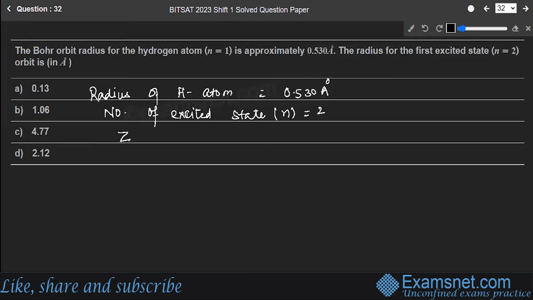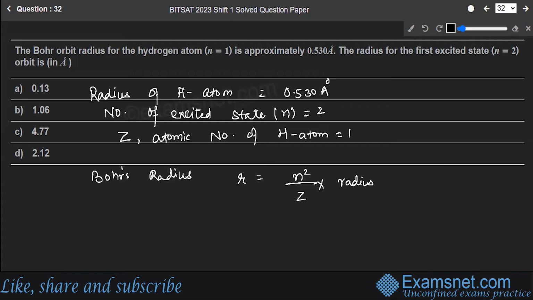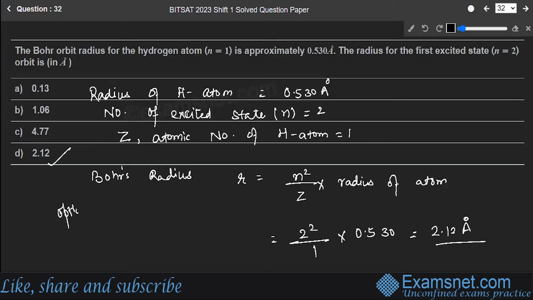What is the atomic number of hydrogen atom? It's 1. So we know Bohr's radius is given by R is equal to n squared upon Z into radius of atom. So this is 2 squared upon 1 into 0.530, which will give you 2.12 angstrom. So you have D option as the right answer.